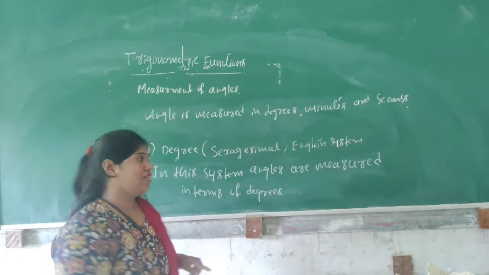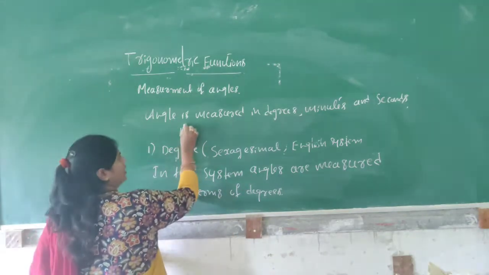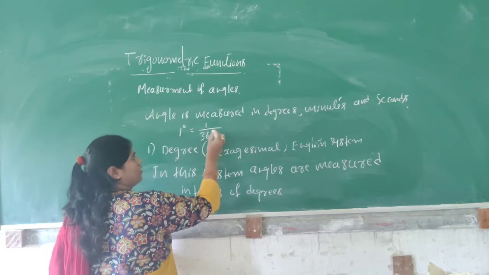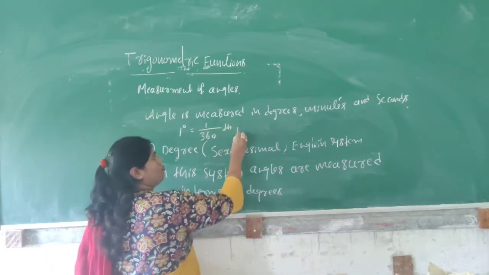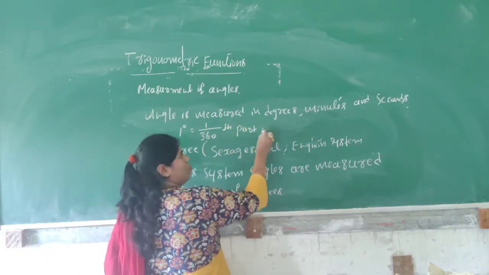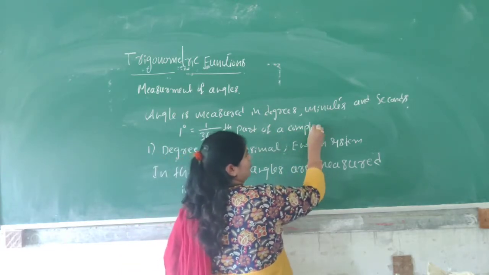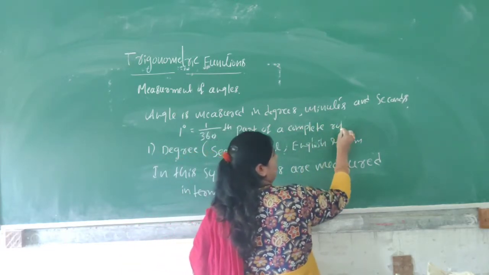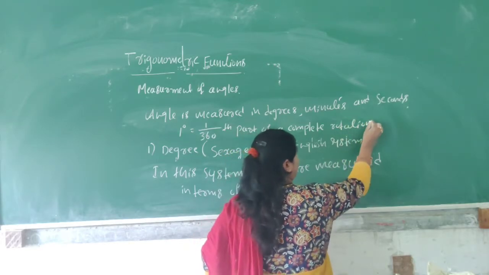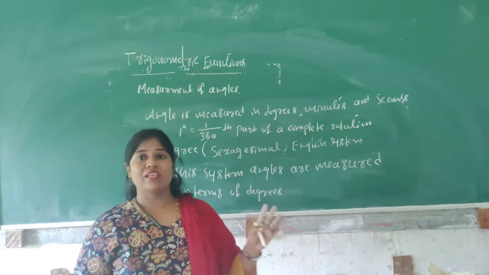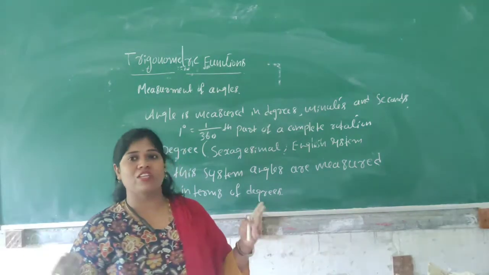So 1 degree is equal to 1 upon 360th part of a complete rotation.